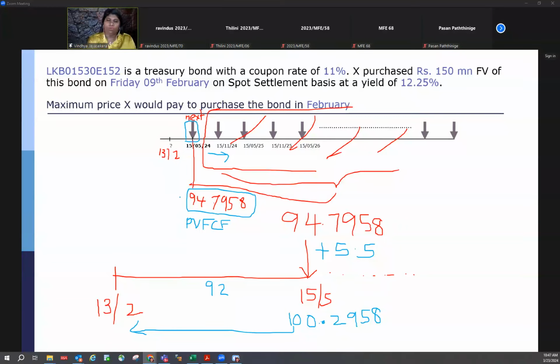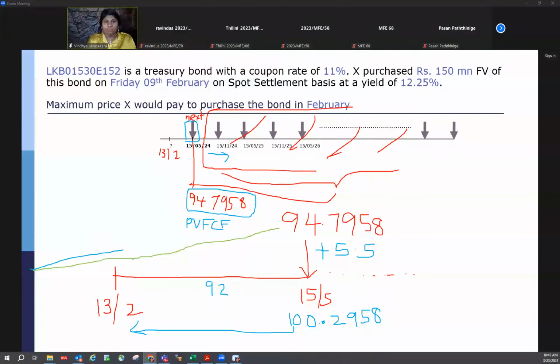Yeah, but when you do that, what happens is you take this 94.7958 and discount it too much, right? That's what's incorrect about that. You discount it by 90 days more. This 94.7958, you're discounting it by a whole period. So Zanila, yes, you can use that formula.